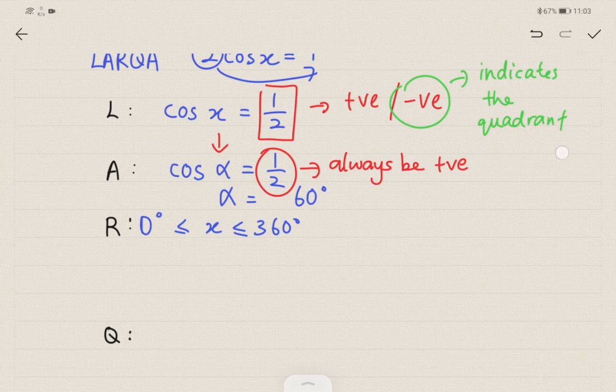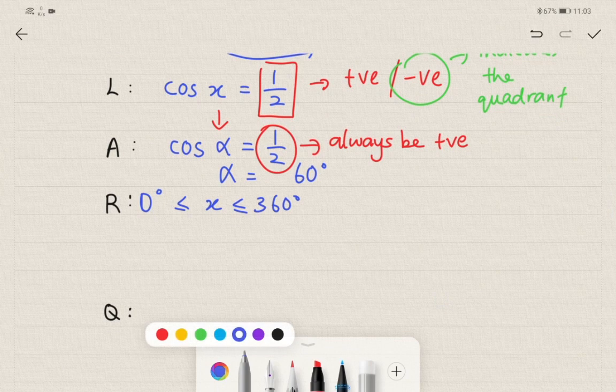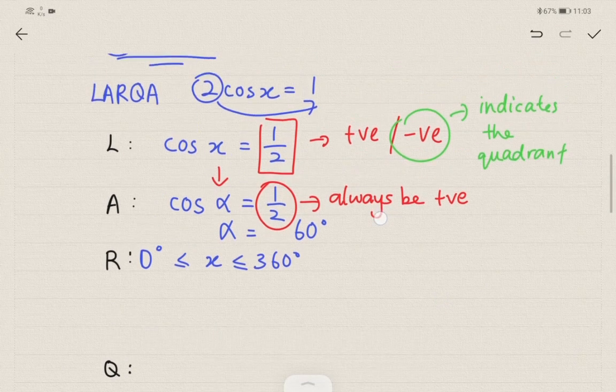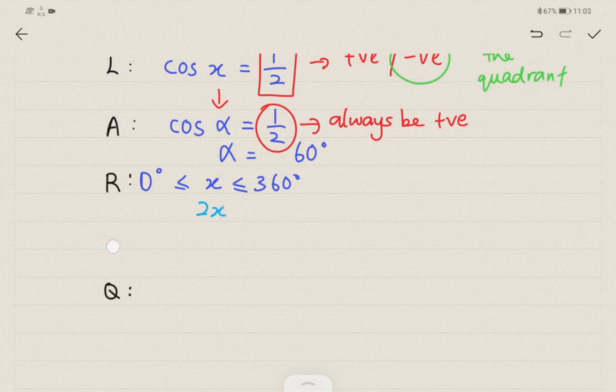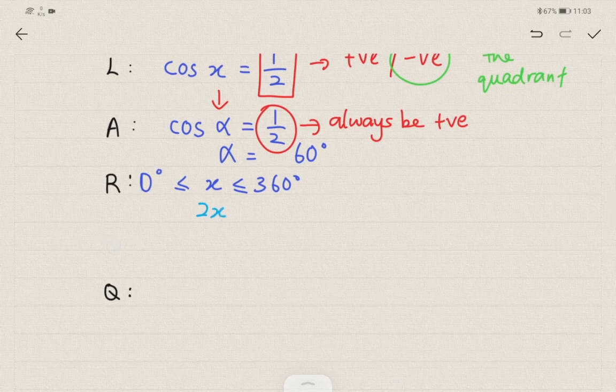Note that sometimes the question, the middle part is not necessarily x, it can be 2x. For example, if it is 2x, what you need to do is the whole thing you times 2, then you get like this, 0 degrees to 720 degrees. Sometimes it can be 2x plus 10 degrees.